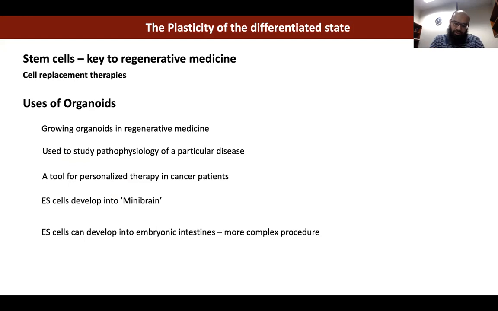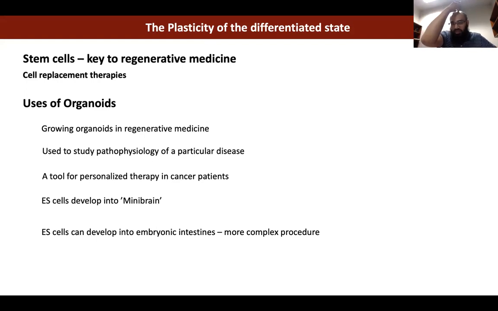There are several uses of organoids. The major idea behind growing organoids is to develop organs inside the laboratory so that they can be used in regenerative medicine. But on the other hand, they can also be used to study the pathophysiology of a particular disease, because you can make modifications into the stem cell at the start, and then you can create a disease model of a particular disease.